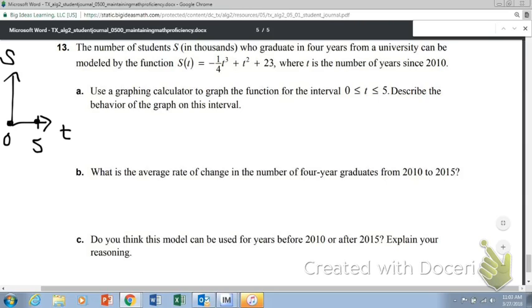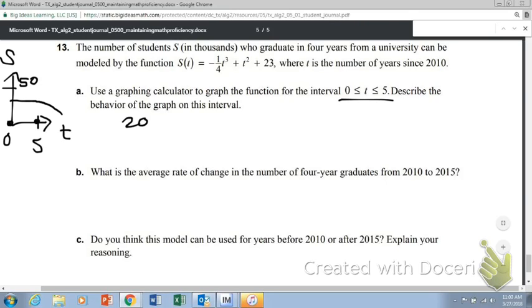Okay, so I have a little sketch here that says if this is 50, then my graph is doing something like this. Is that what y'all are seeing too when you graph that? Yes. Okay, so we're graphing it between 0 and 5. Describe the behavior of the graph in this interval.